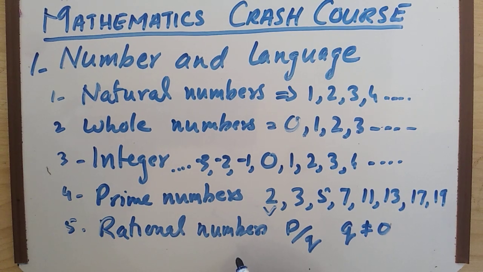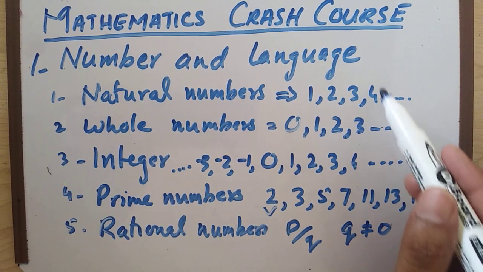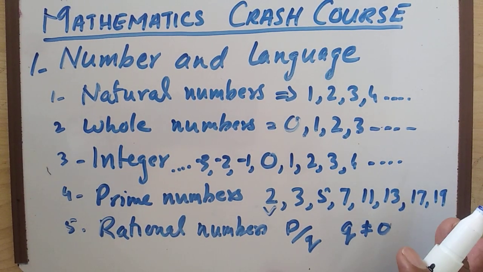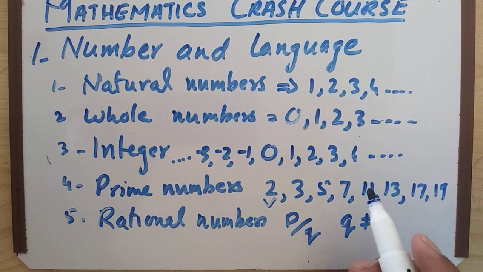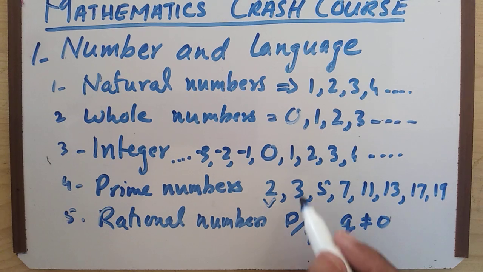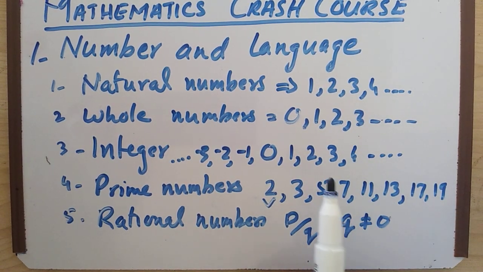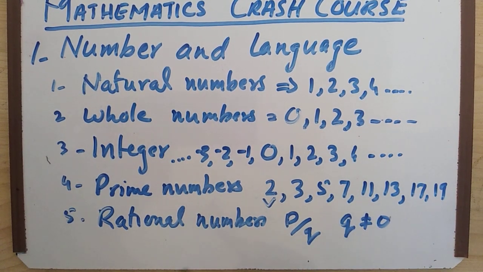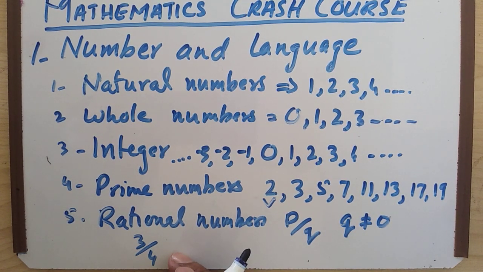All the numbers that we have discussed above are considered to be rational numbers, because every number has a 1 in the denominator, but we do not write that 1 because it's not in use. For example, we have the number 3 upon 4. This number can be considered a rational number.